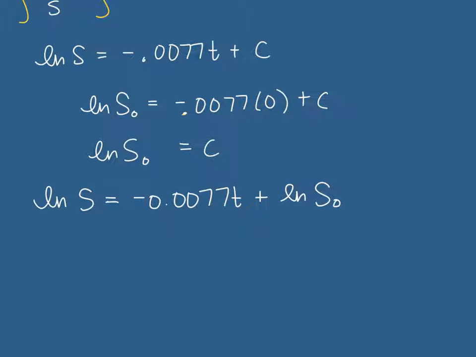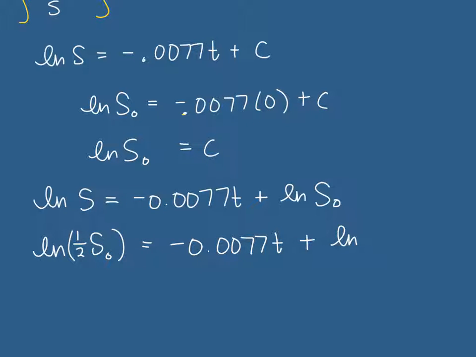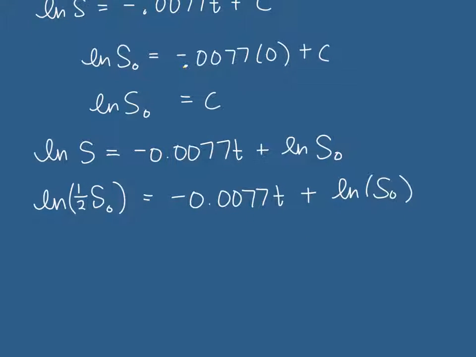Now, I want to find my mystery time by changing the s on the left to what? Half. So if I make this half s sub 0, equals negative 0.0077t plus the natural log of s sub 0. All I need to do is solve for t, which means get t alone. So what should I do to both sides? Subtract the natural log. So I have the natural log of half of s sub 0 minus the natural log of s sub 0.